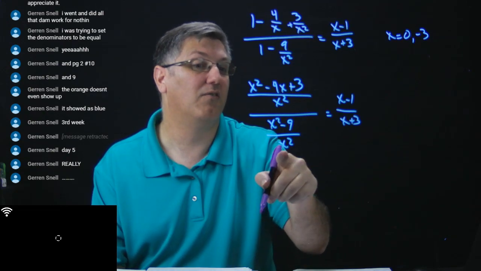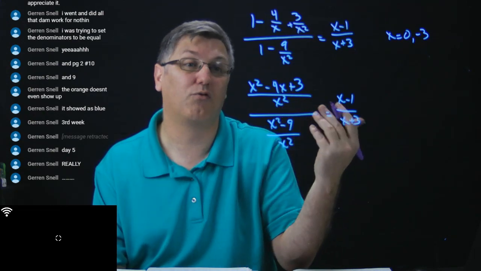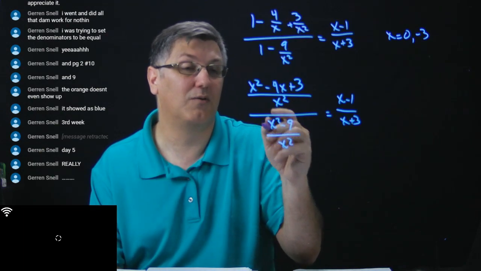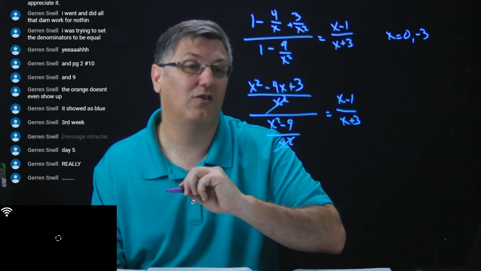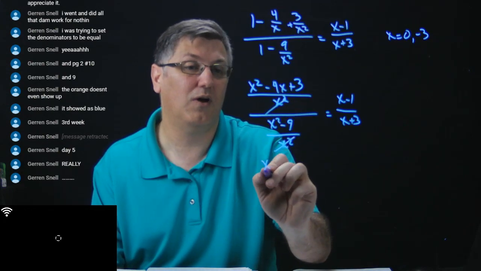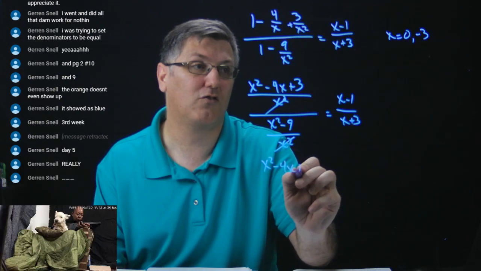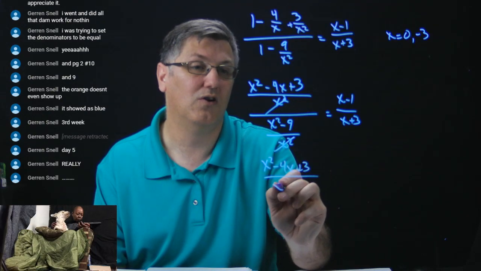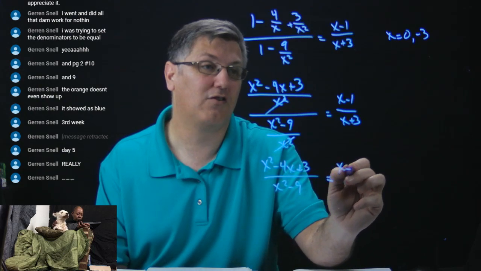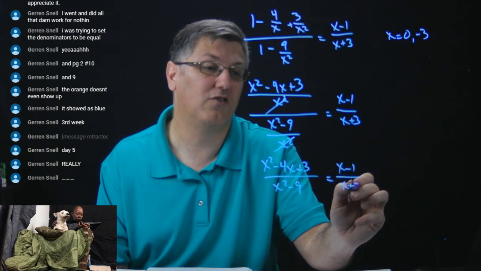What can't I have? 0, 0, and negative 3. So far, so good. So let's simplify. These cancel out if you keep, flip, and change. And this reduces down to x squared minus 4x plus 3 all over x squared minus 9 equals x minus 1 over x plus 3.